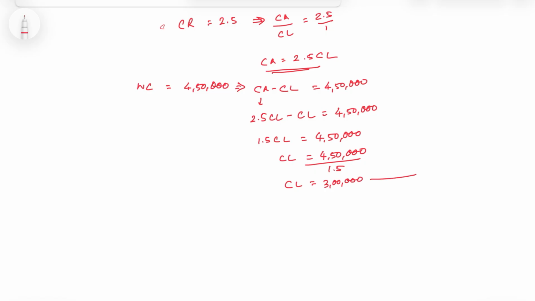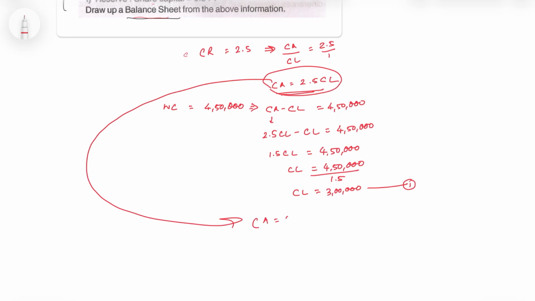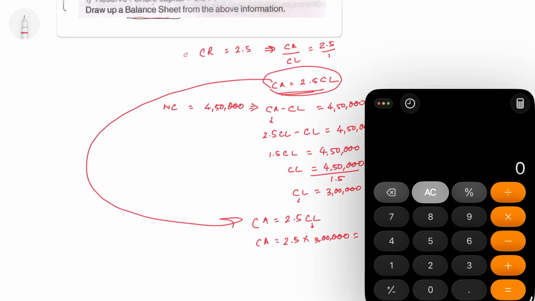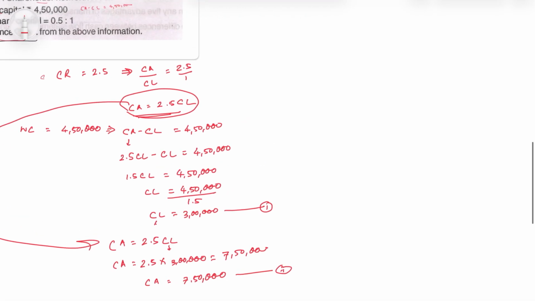Current liability is 3 lakh. Now current assets is equal to 2.5 into current liability, 2.5 into 3 lakh, which is 7,50,000. So current assets is 7,50,000.